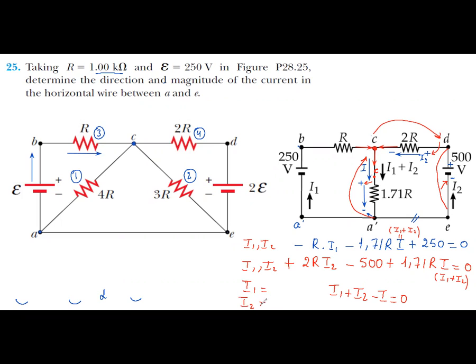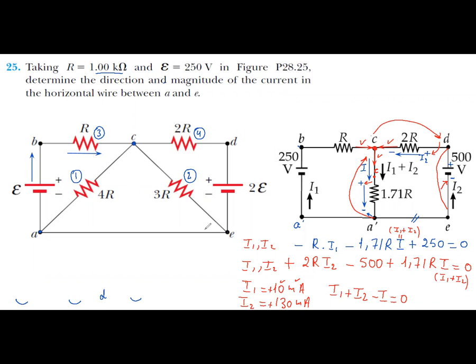By using the calculator, we can find I1 equals 10 ampere and I2 equals 130 milliampere. We have two positive values, so we chose the right direction of I. We don't need to change the direction.